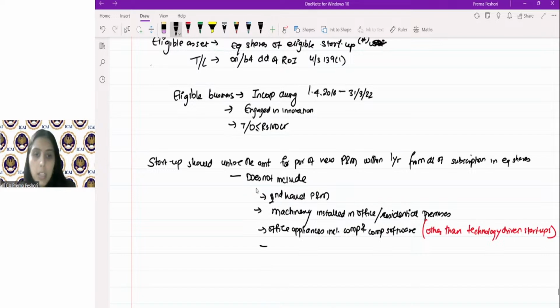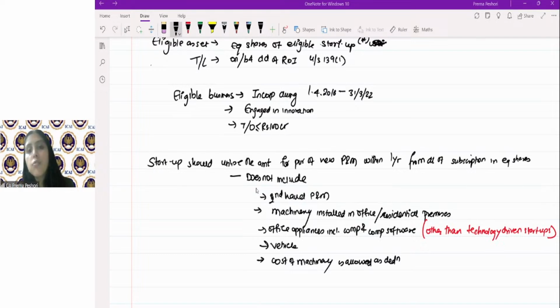Any vehicle, and where the cost of machinery is allowed as deduction, then in that particular case, the 54GB cannot be utilized for this particular purpose.